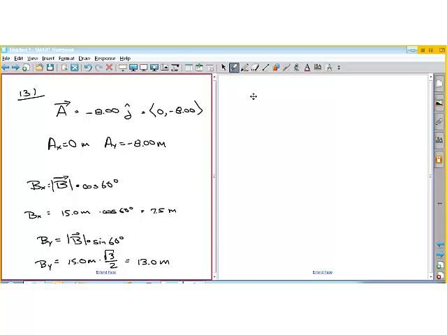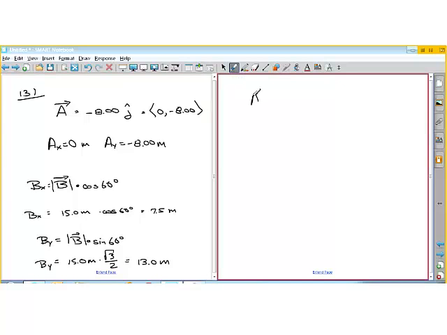So those are our 2 components, B sub x and B sub y. We can actually rewrite the vector B in the other 2 ways that we know. B is equal to 7.5 i plus 13.0 j, or we can write the B vector as 7.5 comma 13.0.